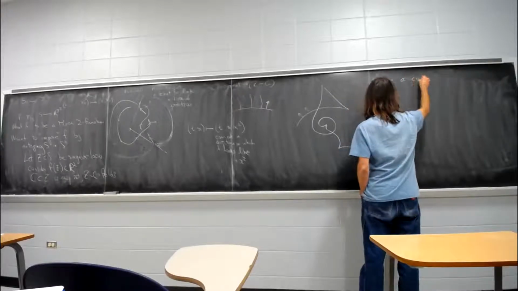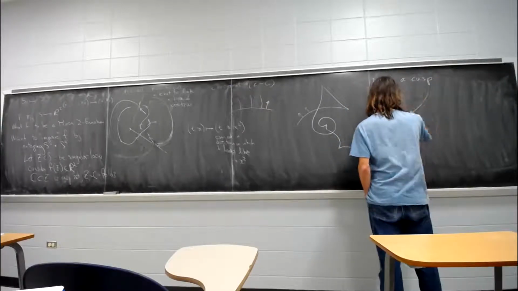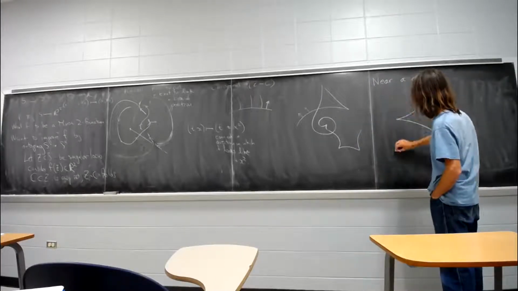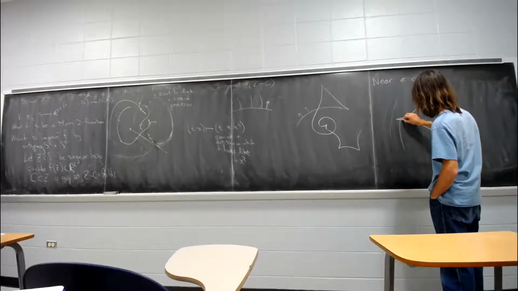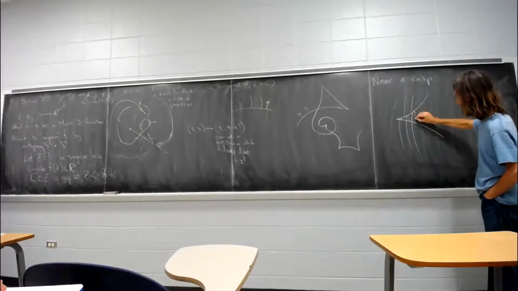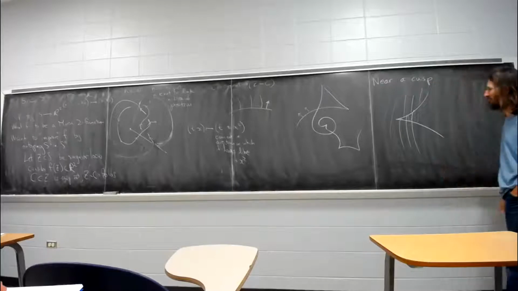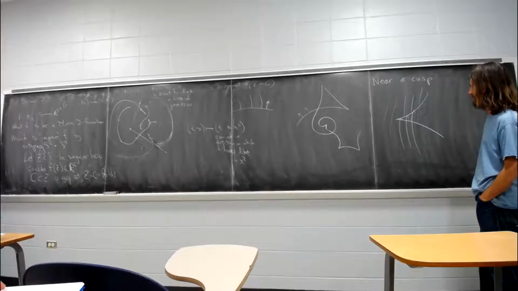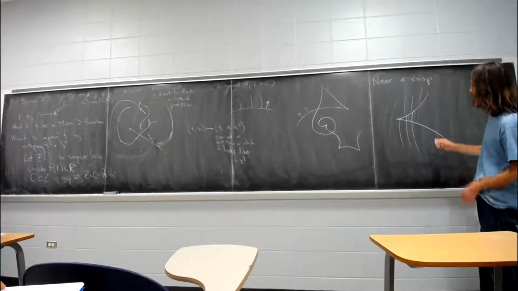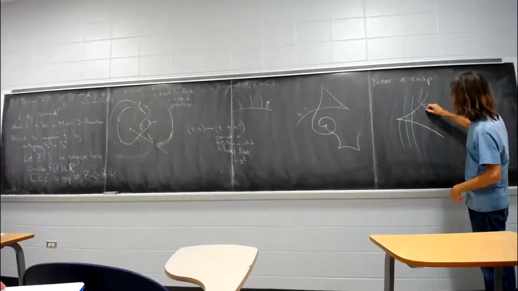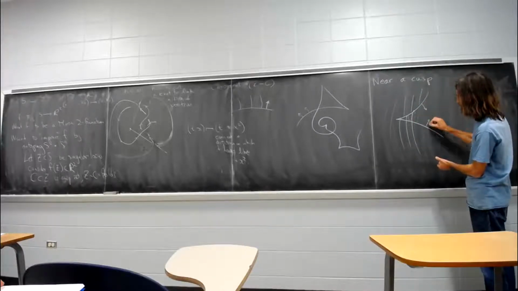Near a cusp, let's draw the cusp this way. Remember, the cusp has the local model, and I think about cross sections. This is what's happening. It's a little wrinkle in the cloth. And so what happens to the co-orientations? Along this side of the cusp there's stuff down here, so the co-orientation points in, and along here the co-orientation points up.